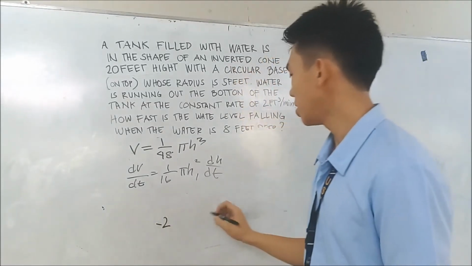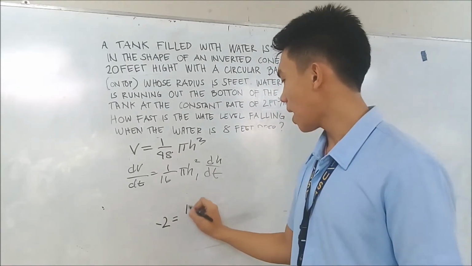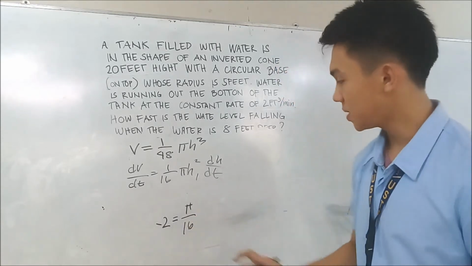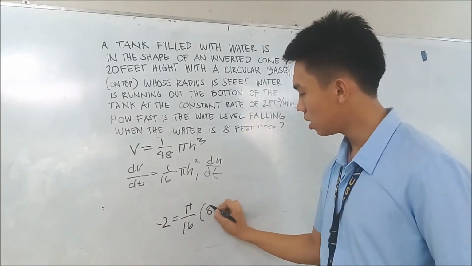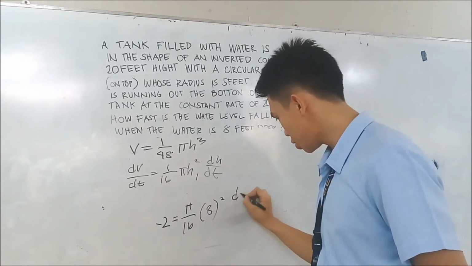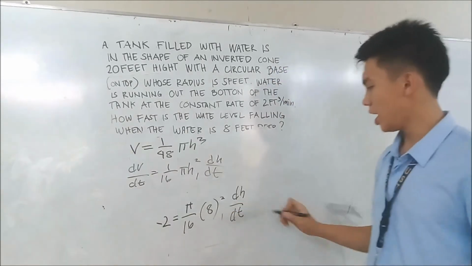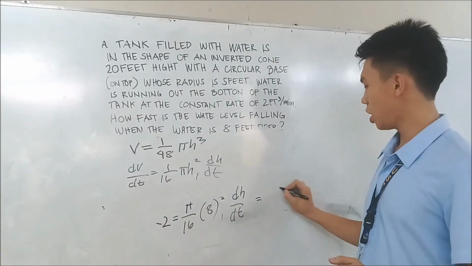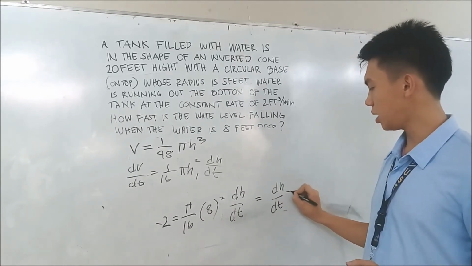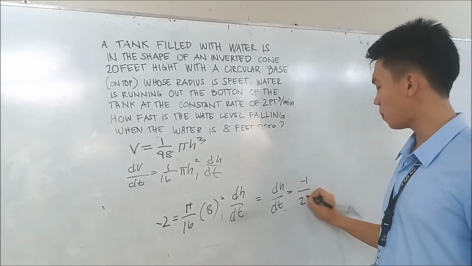Negative 2 by the given is equal to pi over 16 times the height squared, dh over dt. And the answer is dh over dt is equal to negative 1 over 2 pi.